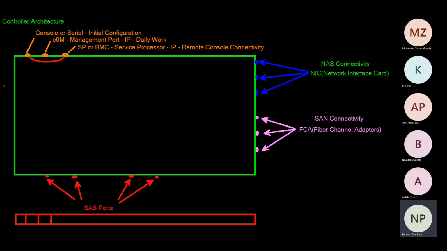Next, apart from all these ports, we'll have either 2 ports or 4 ports. These are cluster interconnect ports. Few models will have only 2 ports, few models will have 4 ports. I have already shown you, right? The number of ports again depends on the controller model.